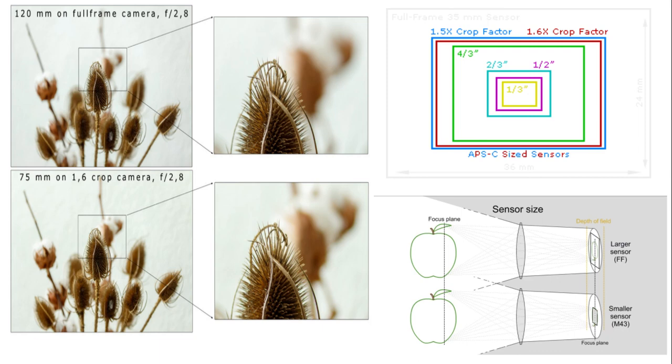And here you go, there is a 120 millimeter on a full frame camera. It's the same aperture, but what changed was the sensor size.